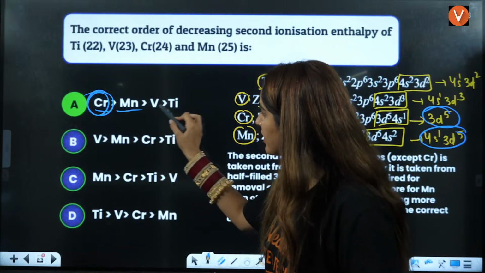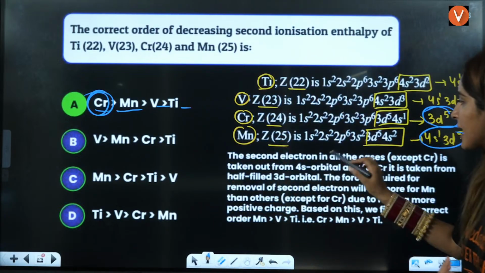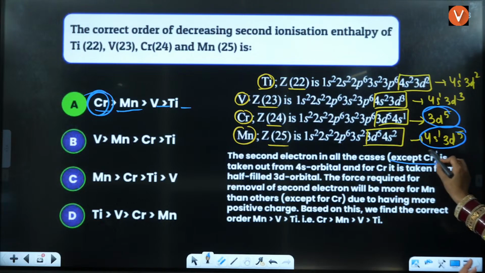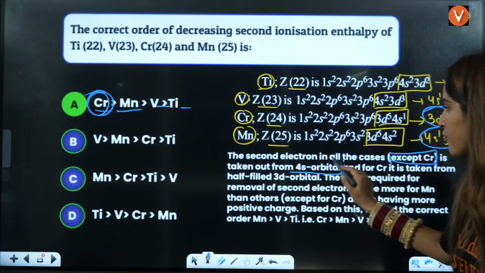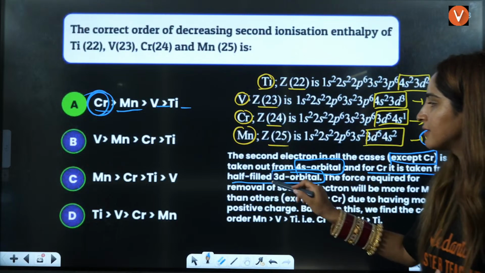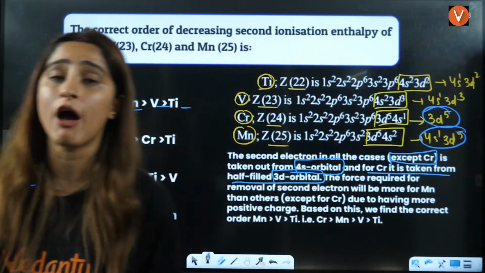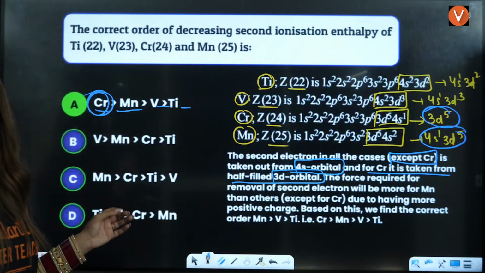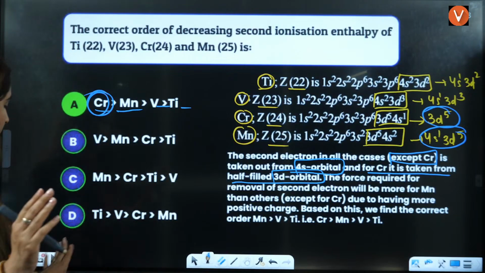After that you have manganese, then vanadium, then titanium. Second electron in all these cases except chromium is taken out from 4s orbital, and for chromium it is taken out from half filled 3d. That is why it is going to have the maximum second ionization enthalpy here.